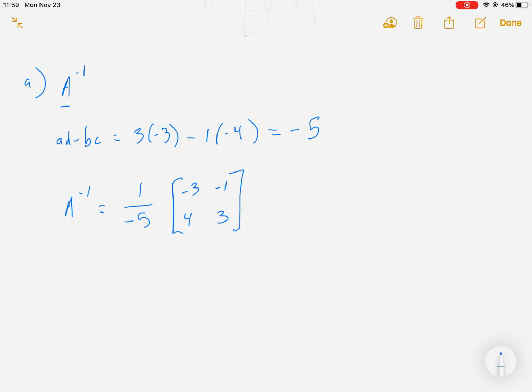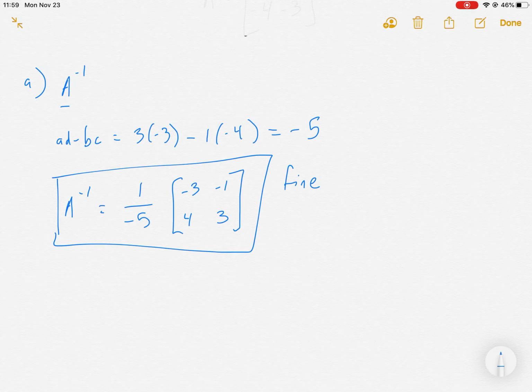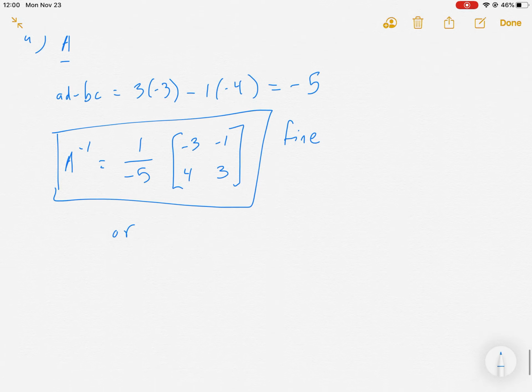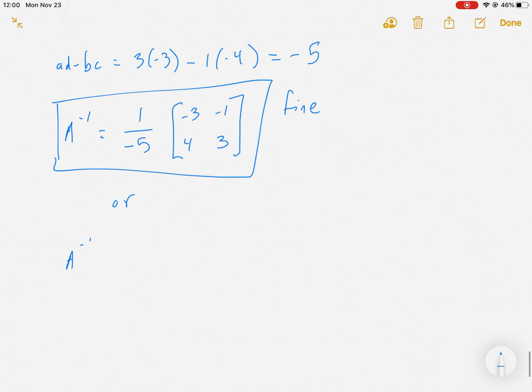Now I'm totally fine with you leaving your answer like this. I think this is a good way to illustrate the structure of the matrix, and you don't have to keep writing fractions. Or if you would prefer, and Delta Math actually will require it this way, you could distribute that -1/5 to each term. So -3, -1, 4, 3.